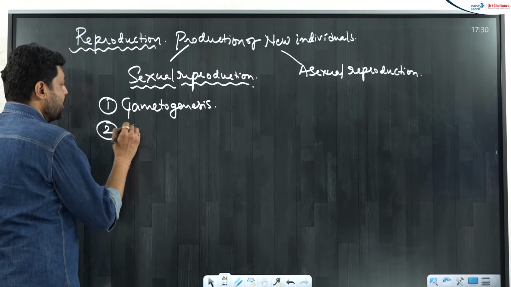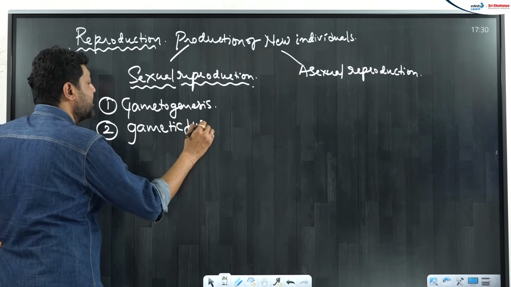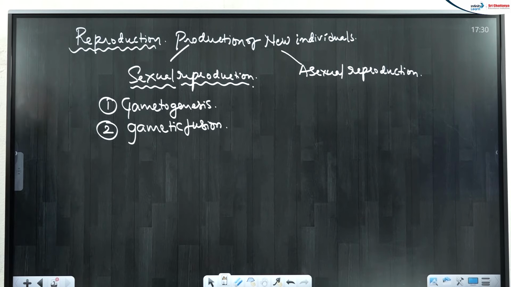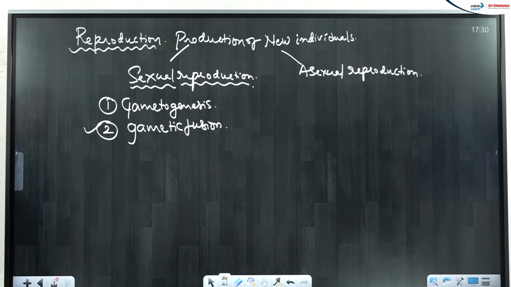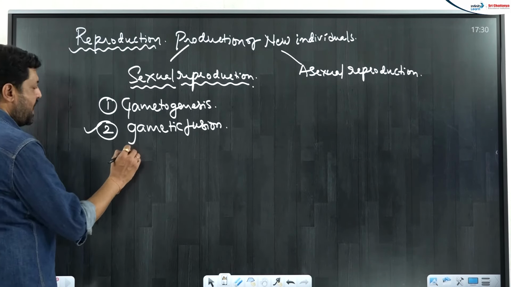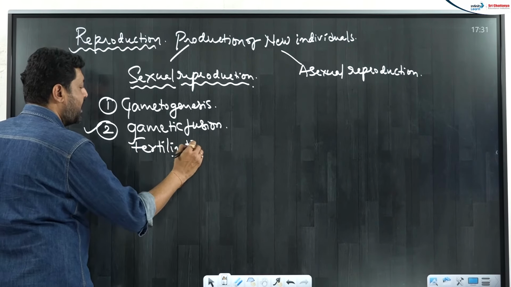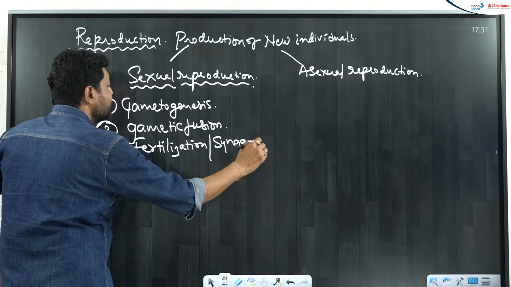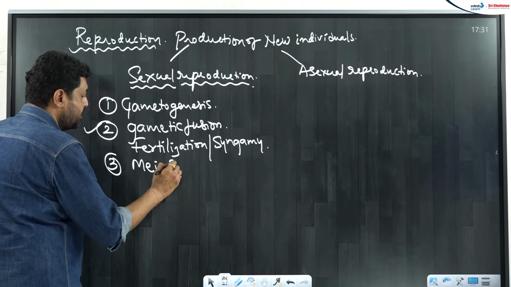Second step, gametic fusion. 2018 or 17, if I am not wrong, most crucial event in the sexual reproduction is both gametes have to be fused. Gametic fusion. It is called as fertilization, or you call it as syngamy. And third step is meiosis.